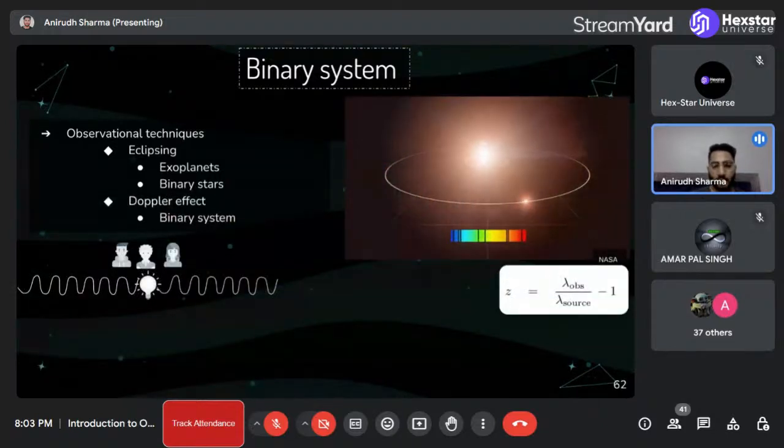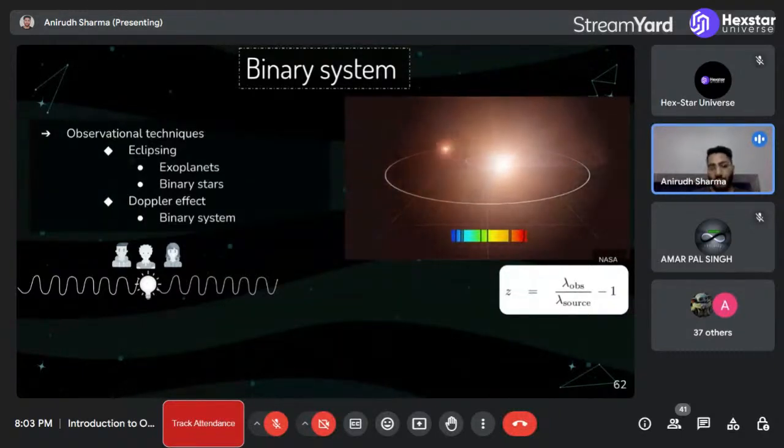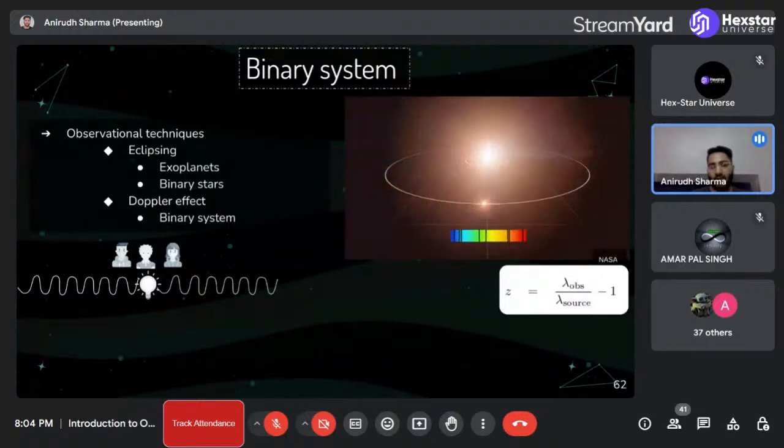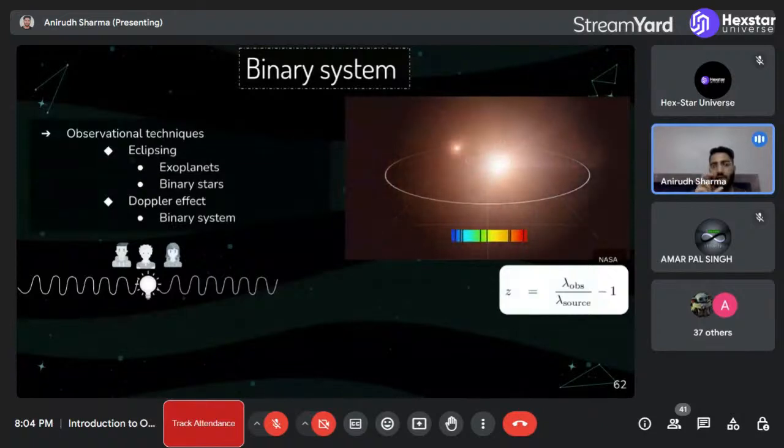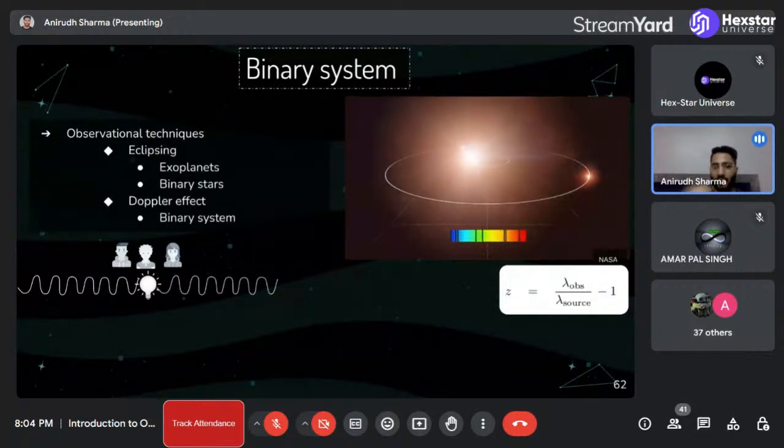Then there are other ways to observe and conclude information about these binary systems. One would be the Doppler effect. Doppler effect is basically a change in the wavelength that is coming to us based on whether the source of the wave is coming towards us or away from us.